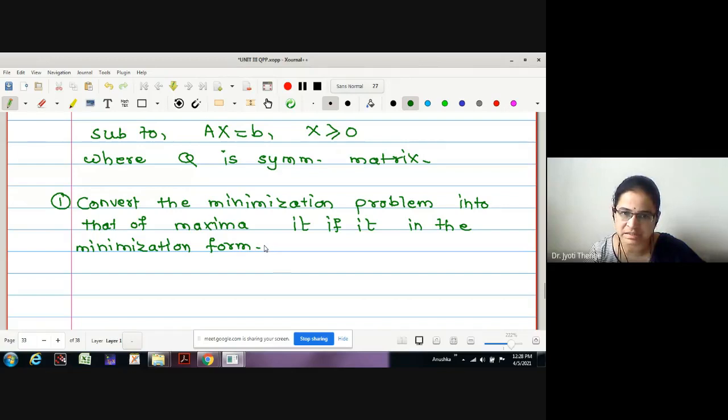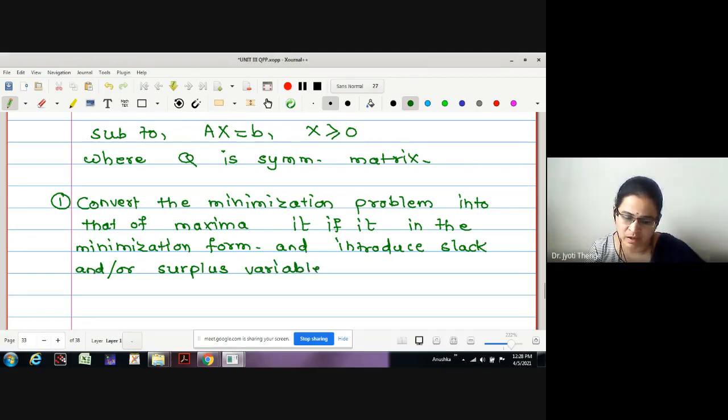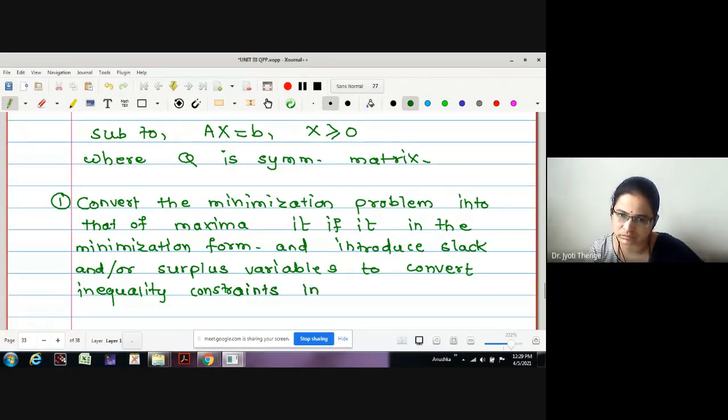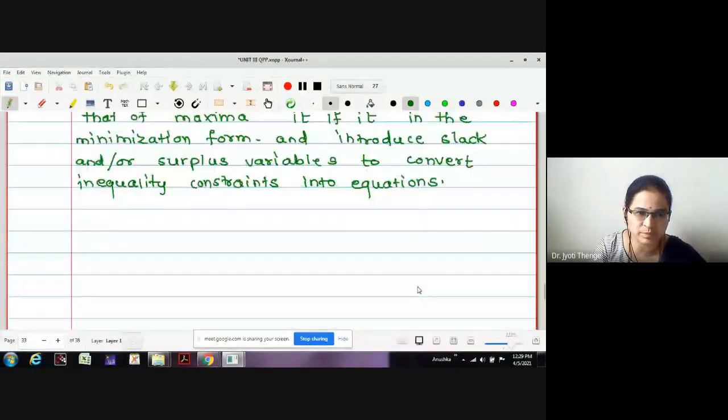And convert the inequality constraints to equations and introduce slack and surplus variables to convert inequality constraints into equations.